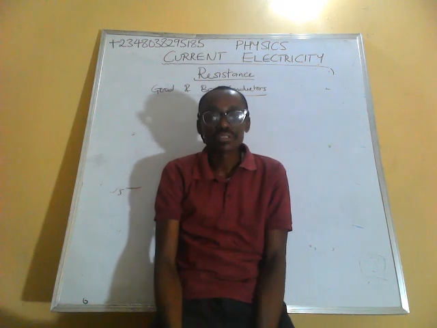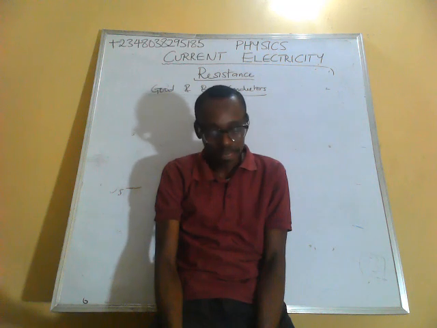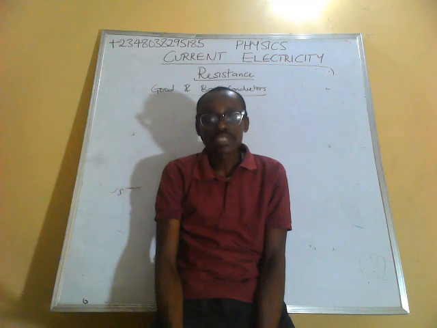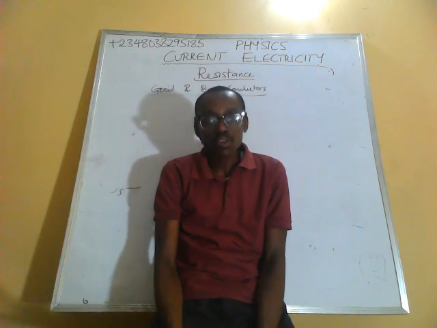Okay, so in electricity, we think in terms of the ability of a substance or material to resist the flow of electric charges, to resist the flow of electricity, to resist the flow of current flowing through it.